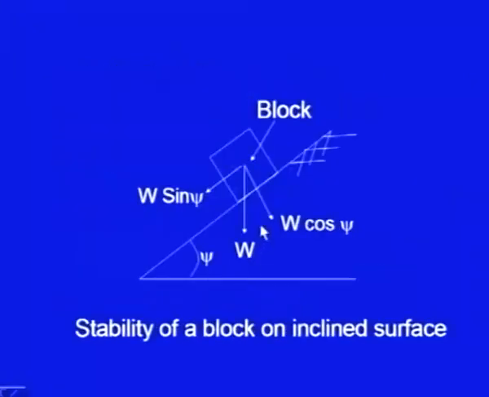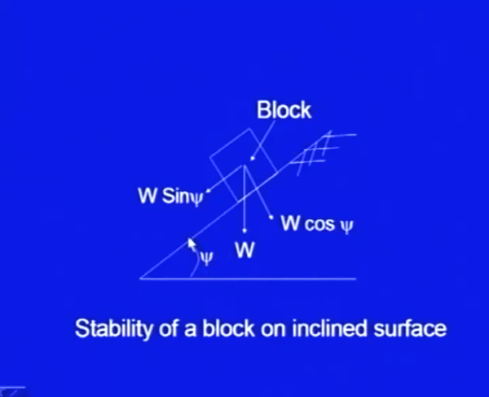Let me finally summarize the conclusion. If I keep this psi small, it will be stable. Why will it be stable? Because the mobilized friction is equal to the actuating force. As you go on increasing the angle psi, the actuating force, the destabilizing force, goes on increasing and the mobilized friction also goes on increasing.